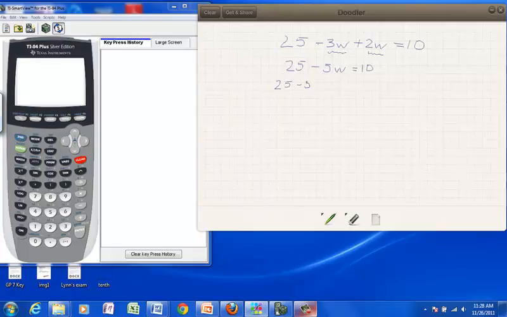And I like the horizontal way of subtracting, even though it takes a little more work, because when we get to the literal equations this week, it will help us to not make mistakes. So on this side, 25 minus 25 goes to 0.